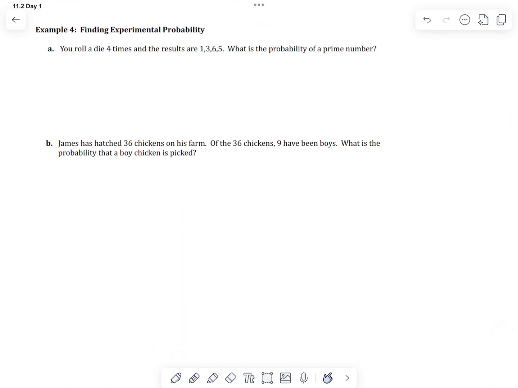Example 4. You roll a dice 4 times, and the results are 1, 3, 6, and 5. What is the probability of a prime number?